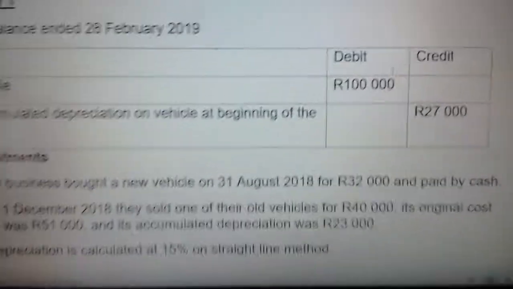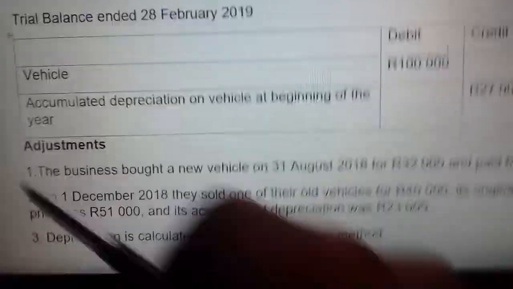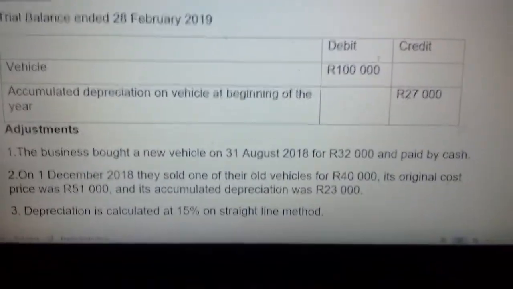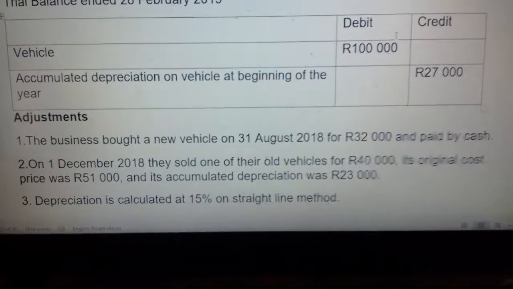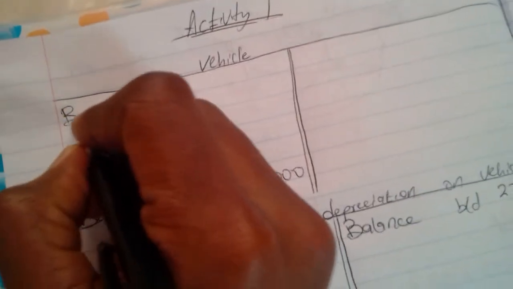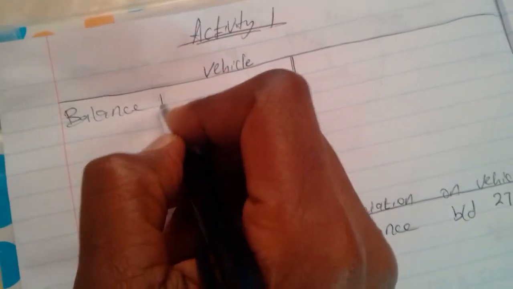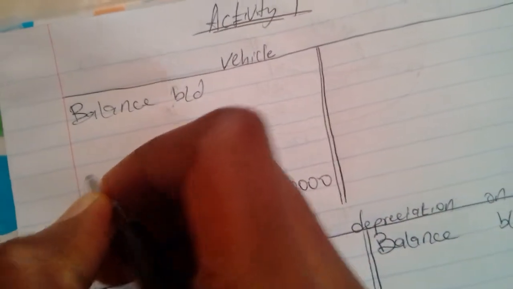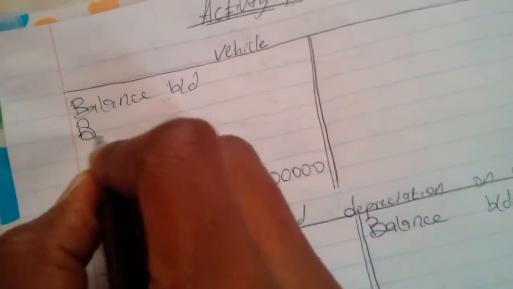From there, they said transaction 1: they bought a new vehicle on the 1 August 2018 and paid by cheque. It means we are going to the vehicle ledger account. Please don't forget you will have an opening balance here, balance brought down. We don't have one currently, but they said they purchased a vehicle for cash, so you're going to say bank.